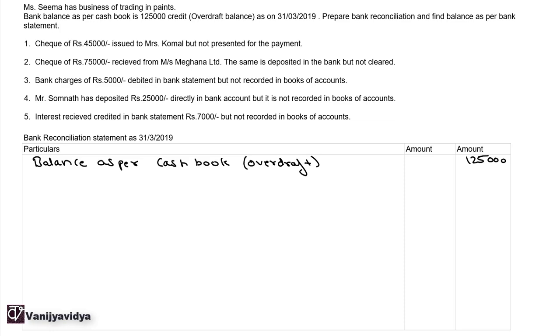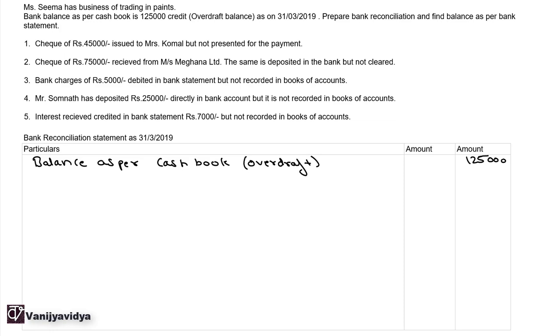But since same is not presented for the payment, it is not recorded in our bank statement. So to that extent, our overdraft balance in the bank statement will be less. So now we are moving from cash book to your bank statement. So we have to reduce it in our bank reconciliation statement.